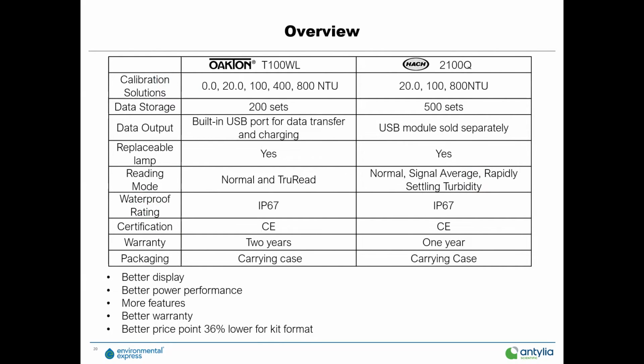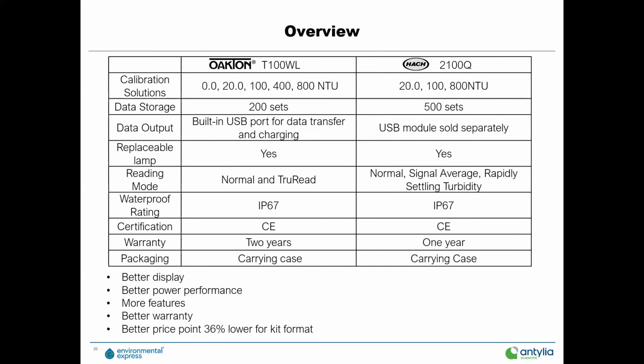So next I wanted to talk about the quick overview of the instruments. Where Hawk does beat us is on the data sets. They can store and download up to 500 data sets. Our capability is 200 data sets.